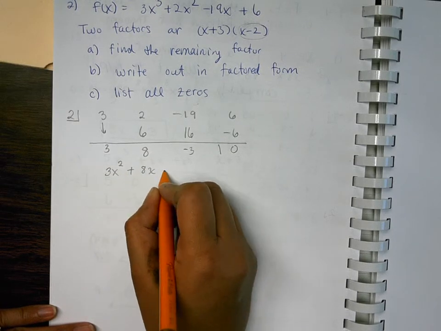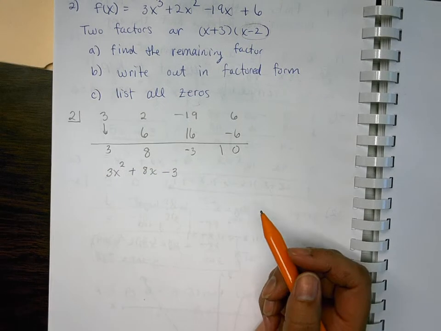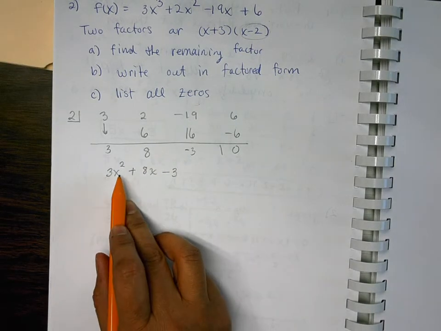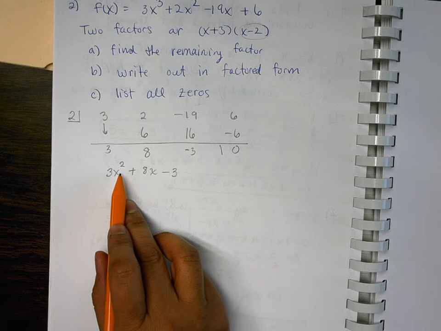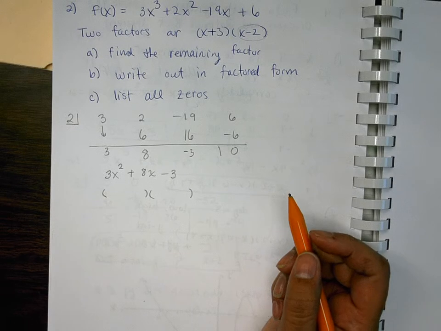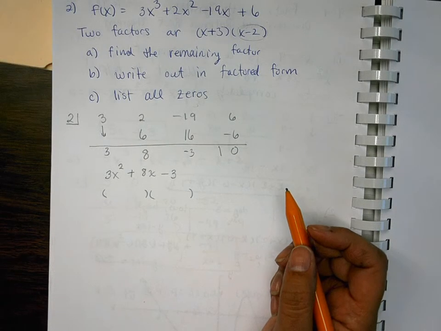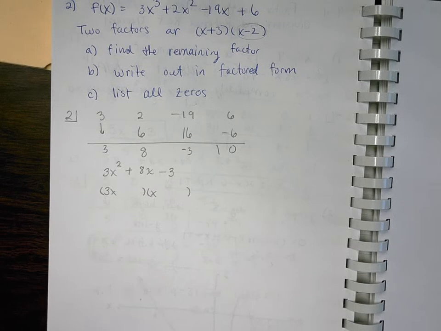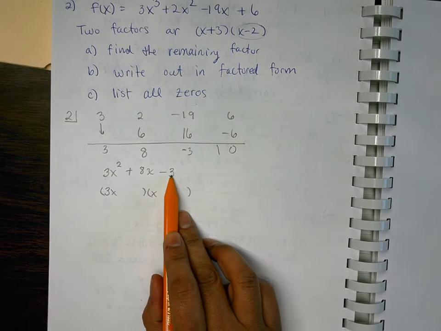Now, once it's to a degree of 2, do we have the tools to factor something that's squared? Yep, so do your double bubble. This is a guess and check where you have a leading coefficient other than 1, so 3x and x. And we've talked about this before. The only factor of this last term is what?